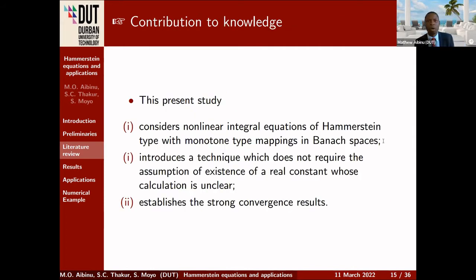The contribution of this study to knowledge will be to consider the nonlinear integral equation of Hammerstein type with monotone type mappings in Banach spaces, not in Hilbert spaces. We shall also introduce techniques which do not require the assumption of existence of a real constant whose calculation is unclear.